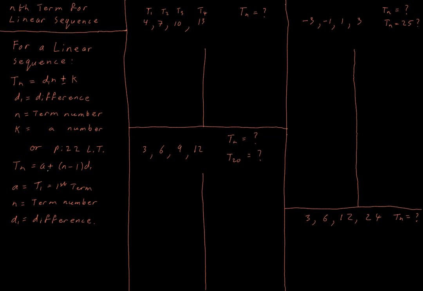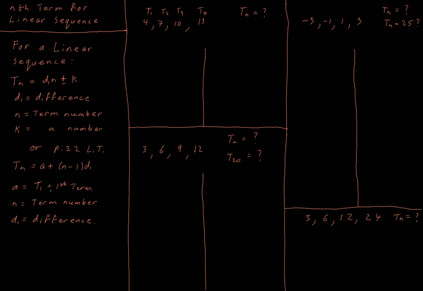That's the first term in our list. N is our term number. We tend to just leave it as n because we're looking for a general formula and we want to put in a particular value of n and find out our term in the list. And then D, or D1, stands for our difference between our terms, because we know for a linear pattern, linear sequence, that is always going to be constant.